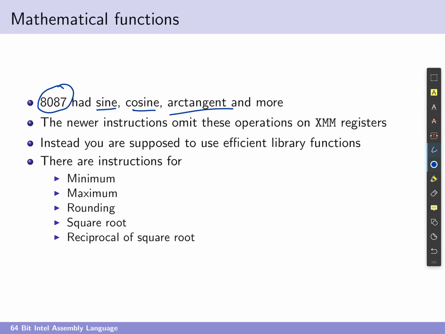However, these instructions are omitted on the XMM registers. You can still use these sine, cosine, and so on instructions with the floating point stack, which we don't explicitly cover because it's not in use anymore. But on the XMM register side, we don't have those available. So instead, we have to implement them ourselves.